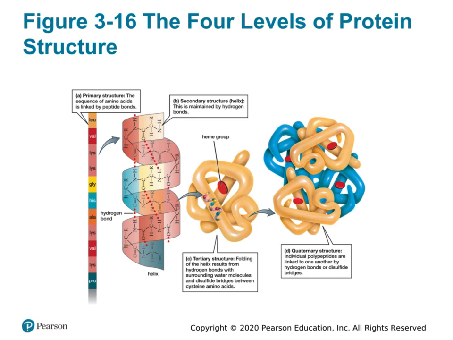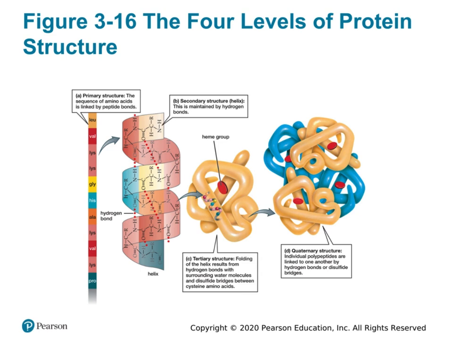You have 4 different levels, so you have primary, secondary, tertiary, and quaternary. The primary level is just the order of amino acids, and that's going to be dictated by DNA. Once those amino acids in a particular order start interacting in a way where they start taking on shapes like an alpha helix or a beta pleated sheet, that's considered secondary structure.